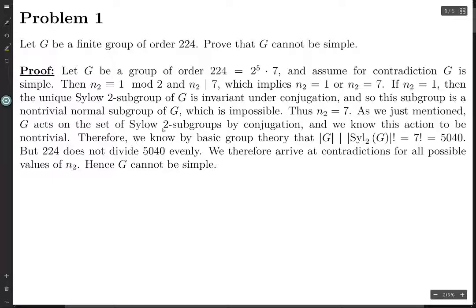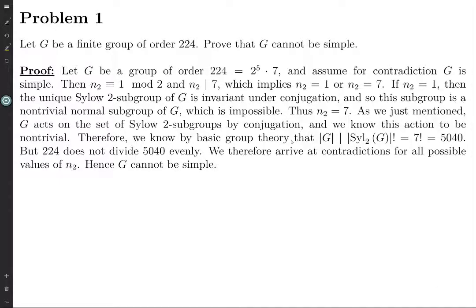Now, G acts non-trivially, transitively actually, on the set of Sylow 2-subgroups. Now, by basic group theory, and it's not basic group theory, it's a separate argument that you typically need to make, but we've seen it so many times that I think we can just automatically apply it.